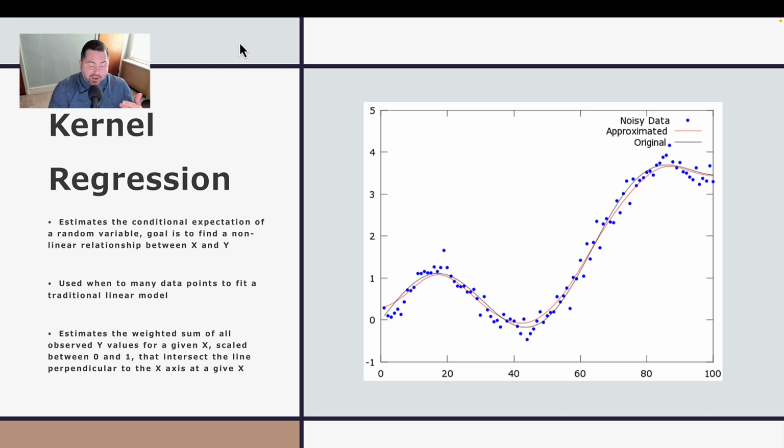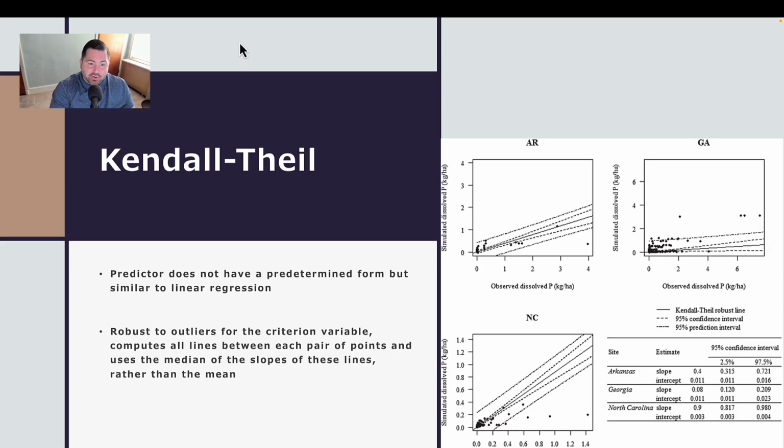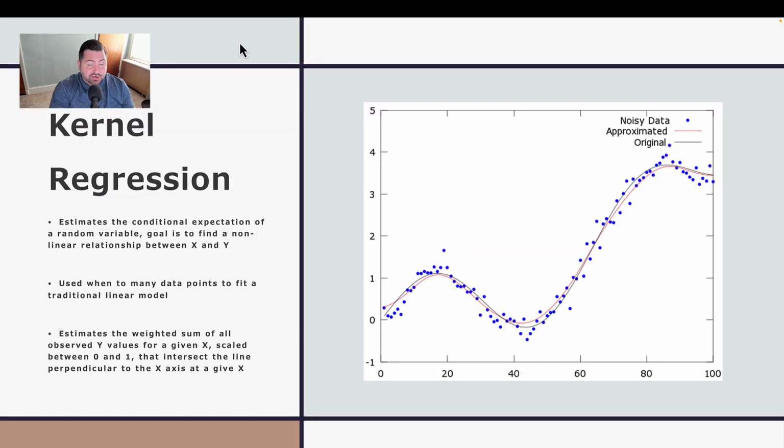I don't expect you to be experts in the kernel regression nor the Kendall-Theil non-parametric regression procedure. I just want you to be able to recognize that these are non-parametric tools that we can use to help salvage our data for linear regression if the basic assumptions for regression are not met.